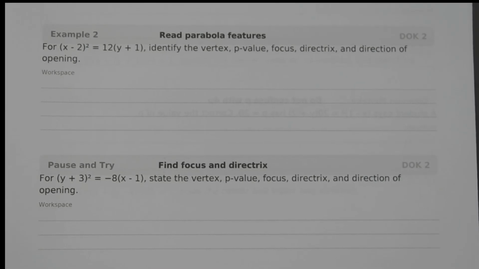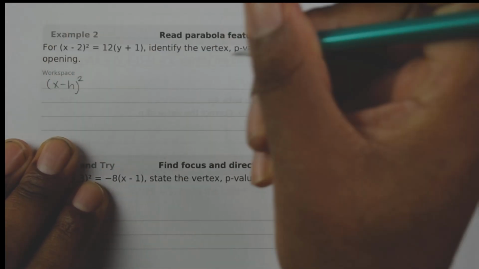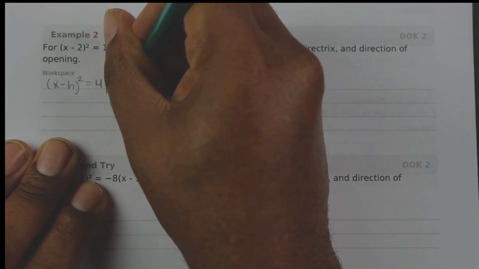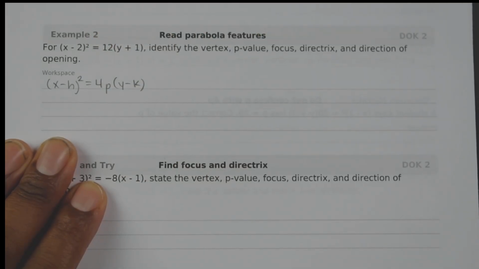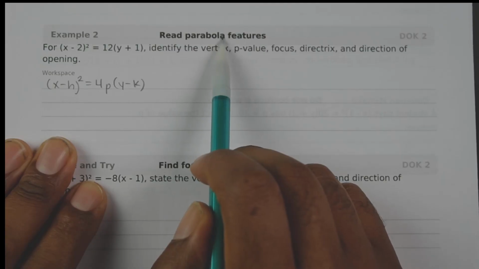Okay, example number 2. For (x minus 2) squared equals 12 times (y plus 1), identify the vertex, the p-value, the focus, the directrix, and the direction of opening. First of all, we have to compare the equation to the vertical parabola form, which is (x minus h) squared equals 4p times (y minus k), because this is dealing with the parabola features.